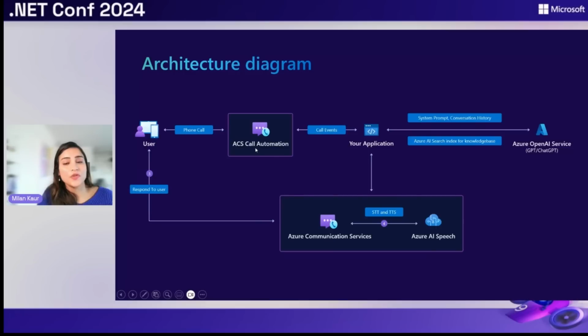Call automation service is something that you use when you are building calling workflows. Think of IVRs or think of modern calling bots like you just saw, where you need to manage what happens at different junctures of a call. You use Azure Communication Services Call Automation SDK for that. So on the left is a user, and user is making a phone call.